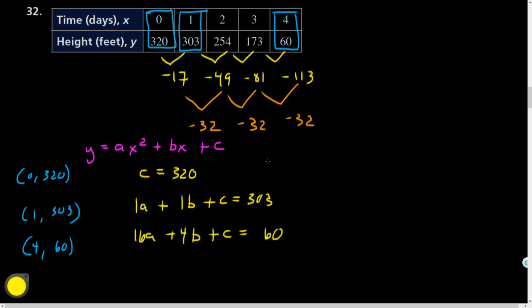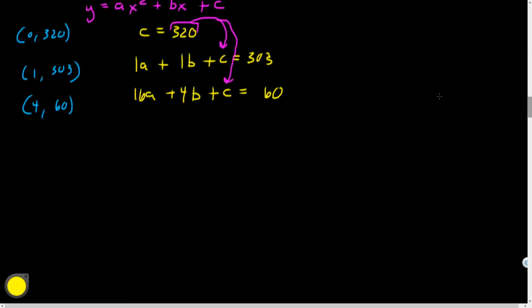All right. So I got A plus B plus 320 equals 303. Subtract 320 from both sides. A plus B equals 303 minus 320, negative 17.